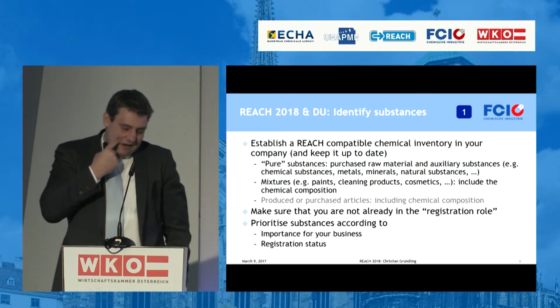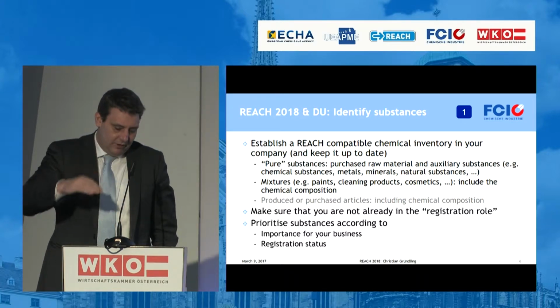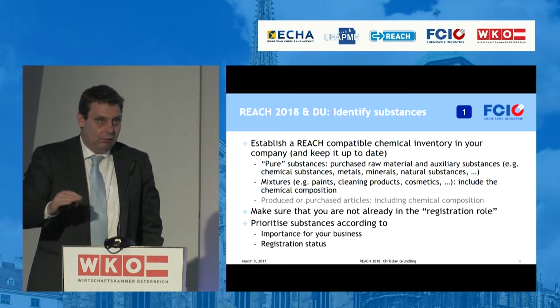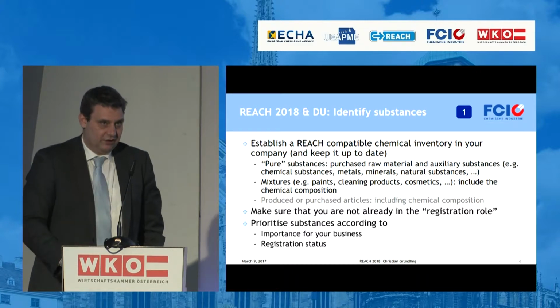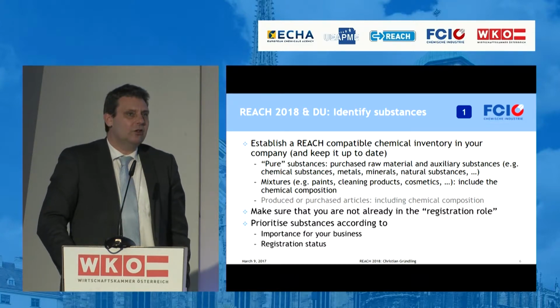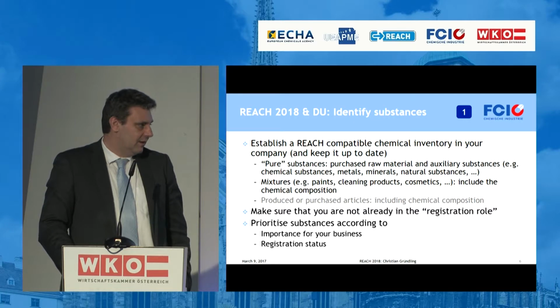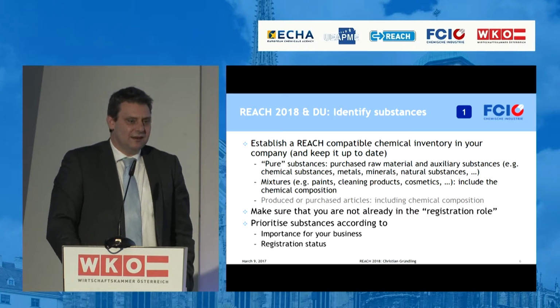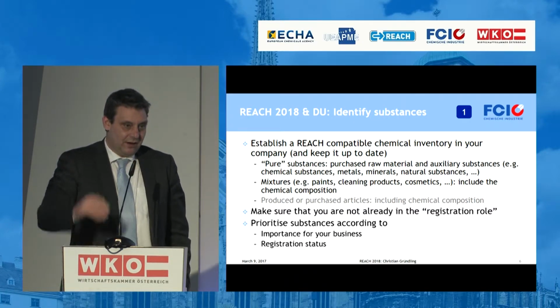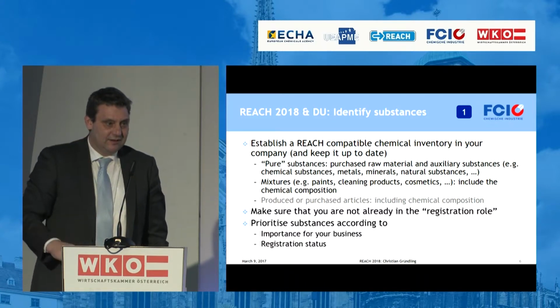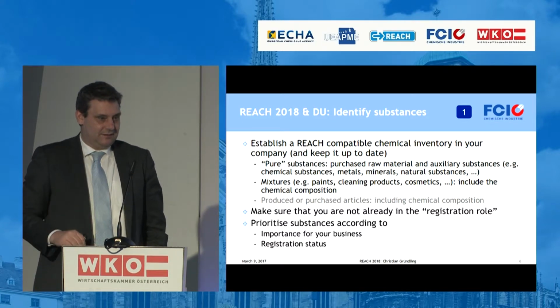And then, if you find out, yes, you are really a downstream user for all the substances, all the mixtures, then you should prioritize the substance. Which substances or which mixtures, and then broken down to individual substances, are really important for my business?